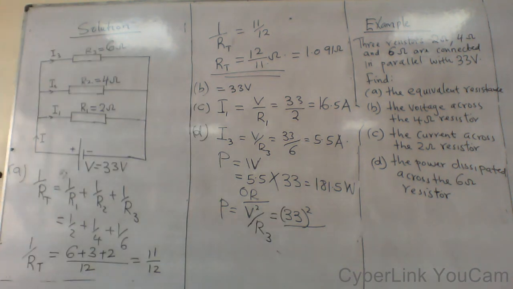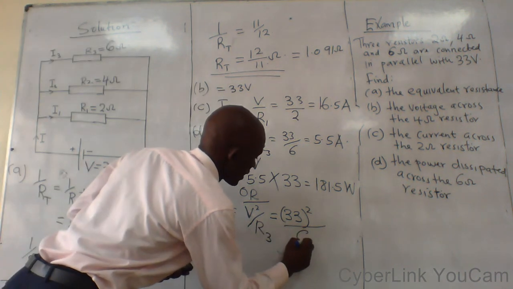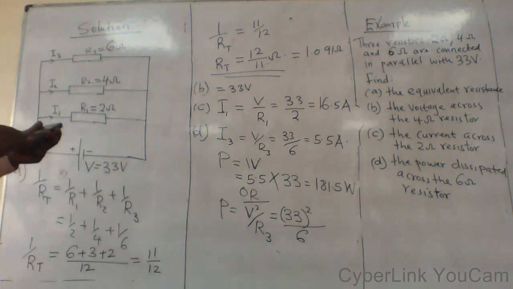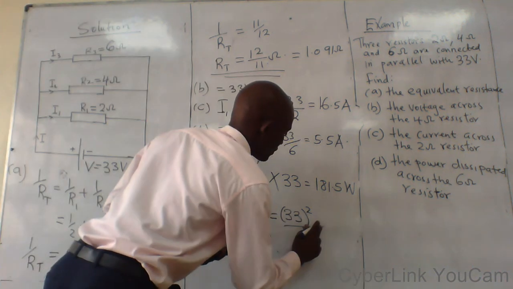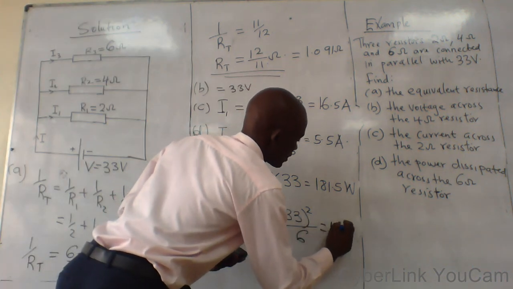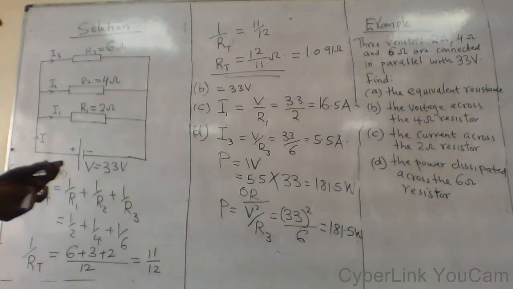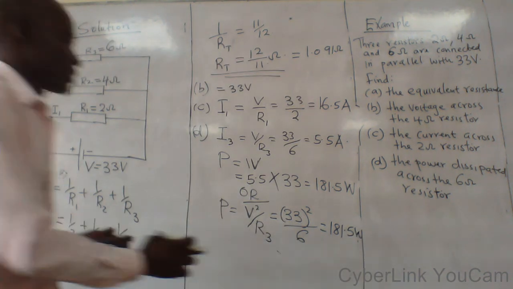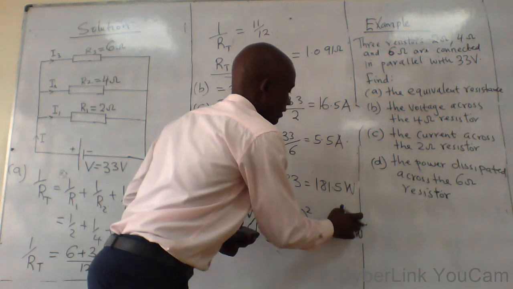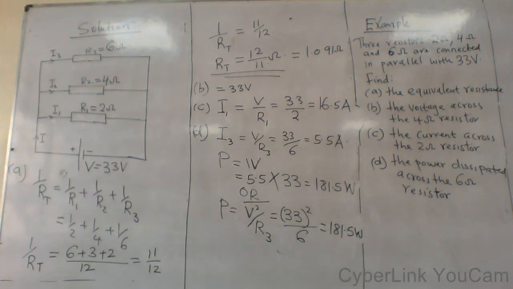Remember, we are being asked to get the power dissipated across the 6 ohm resistor. 6 ohm is R3, so you divide by 6. So 33 squared divided by 6 gives you 181.5 watts as the power there. So that is how you solve that example.